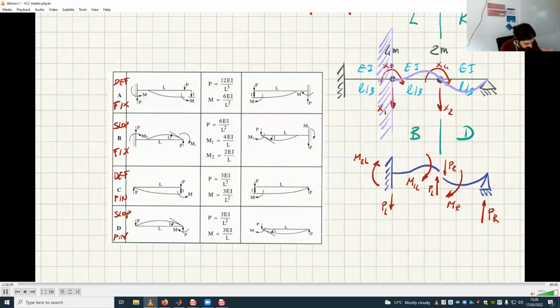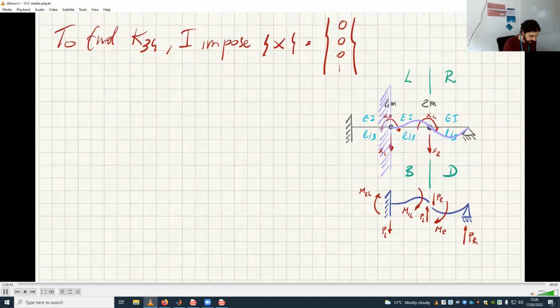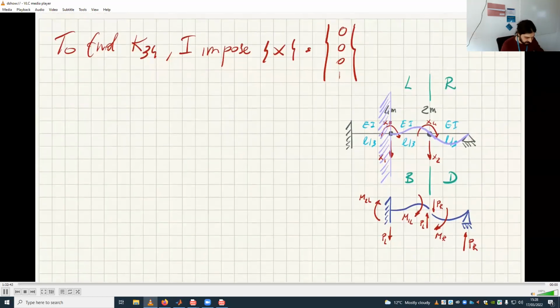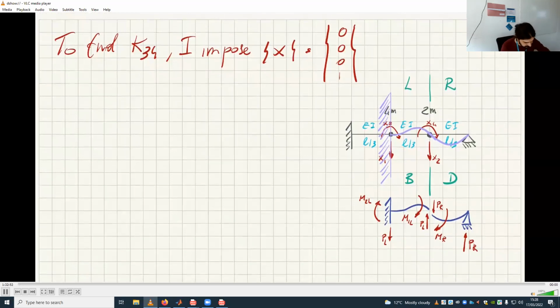I'll get rid of the table. And so I want K34. So K34 is this one. So K34 is M2L. In this case, K34 is M2L, which is, I got rid of the table.